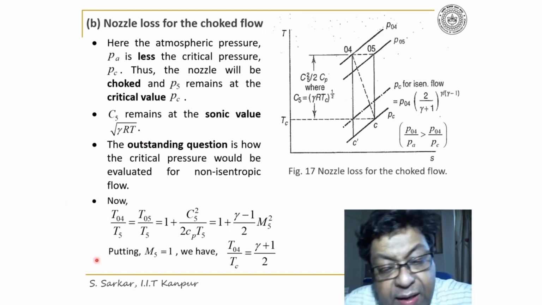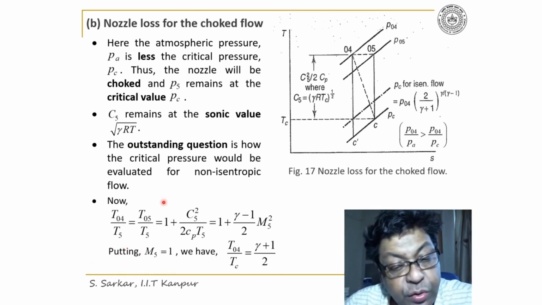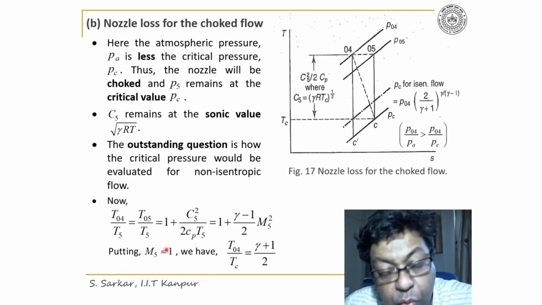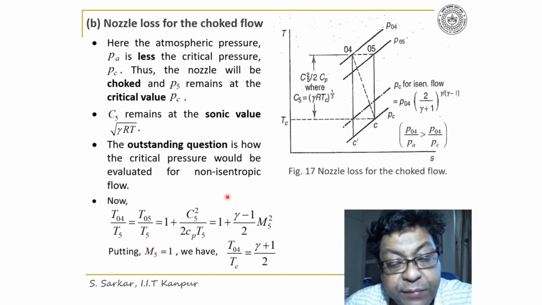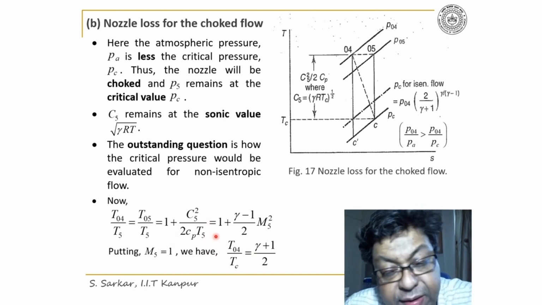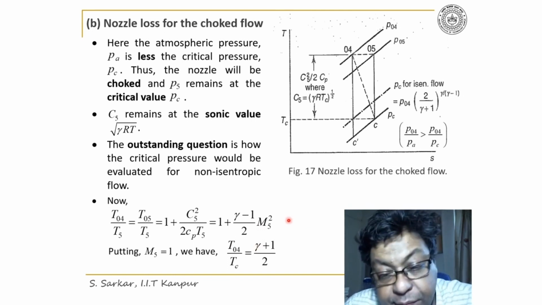To do that, I can write T04 by T5 is equal to T05 by T5 is equal to 1 plus C5 squared divided by 2 Cp into T5. That can be written as 1 plus gamma minus 1 by 2 into M5 squared.